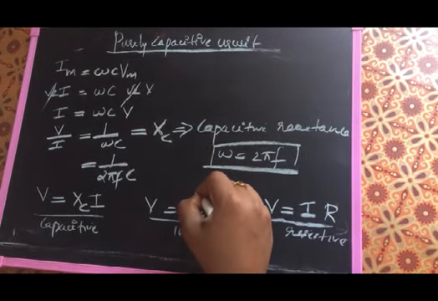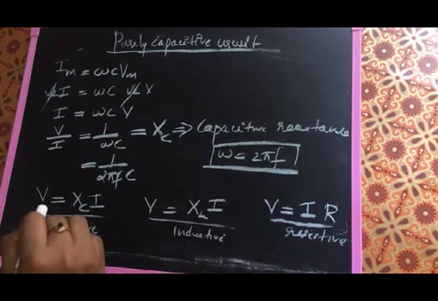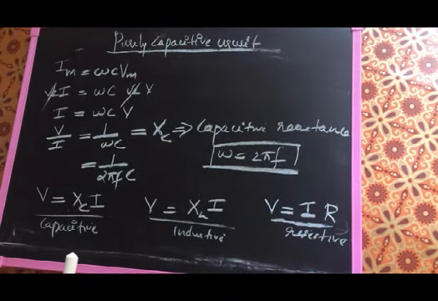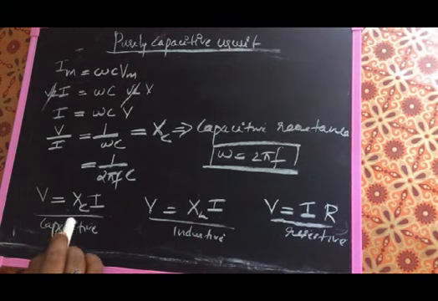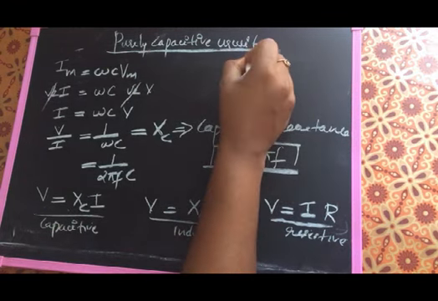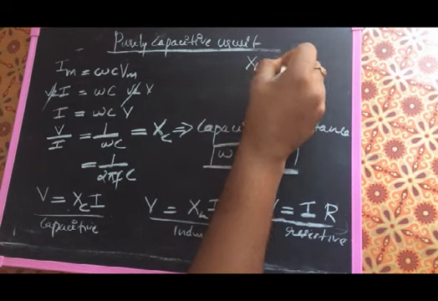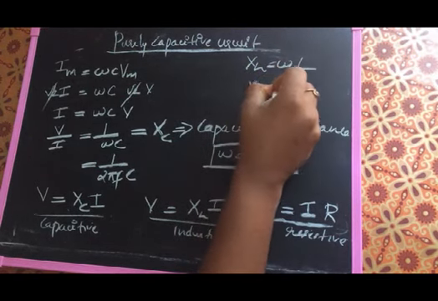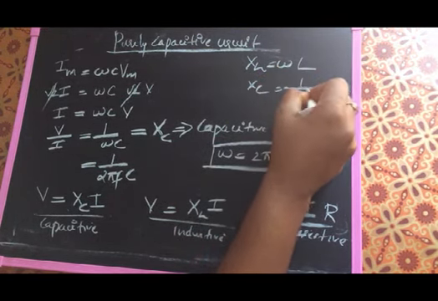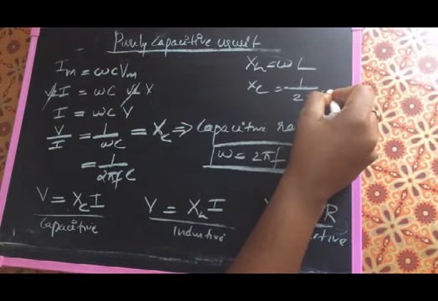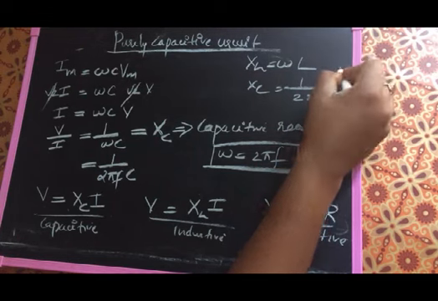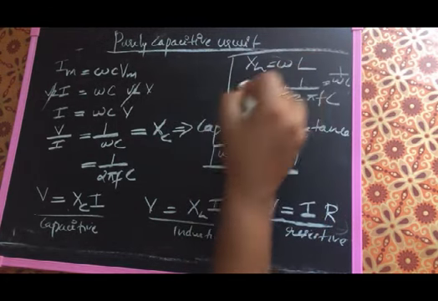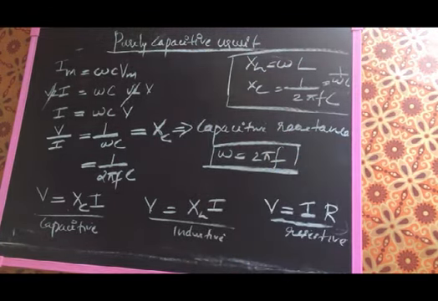R stands for resistance, XL stands for inductive reactance, and XC stands for capacitive reactance. You have to learn the equations of XC and XL, where XL is equal to omega into L and XC is equal to 1 by 2 pi Fc, that is 1 by omega C. This is the equation which you have to learn by heart.